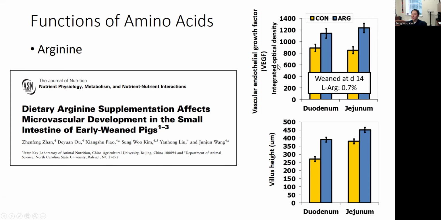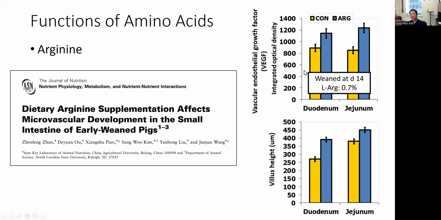When we looked at the vascular endothelial growth factor in the epithelium, in the enterocytes, the tissue in the duodenum and the jejunum, I should say mucosal tissue, you can see that this tissue expresses this growth factor highly in the pigs consuming the arginine supplemented diets, meaning the arginine was effectively providing nitric oxide and polyamines and causing the development of the blood vessels in the small intestine.